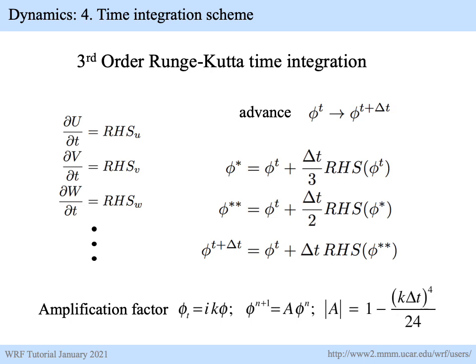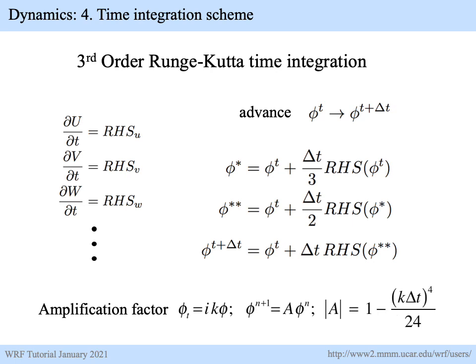The first step is we take the solution at time t, we evaluate all those other terms that aren't the time derivatives, and they're denoted by the right-hand side RHS terms. We multiply that by delta t over 3, add it to the solution that we started with at time t, and that gives us a predictor nominally at a third of a time step forward.